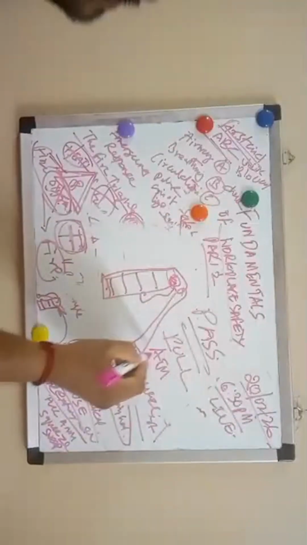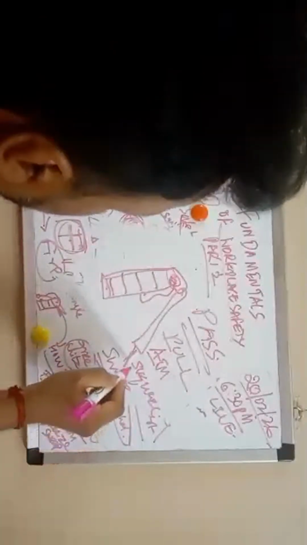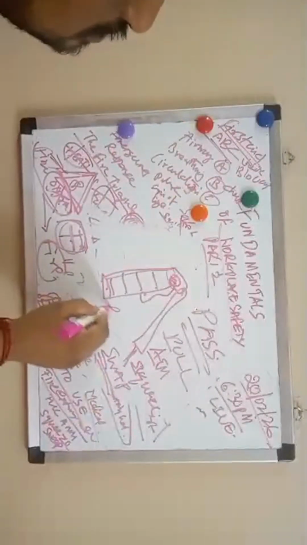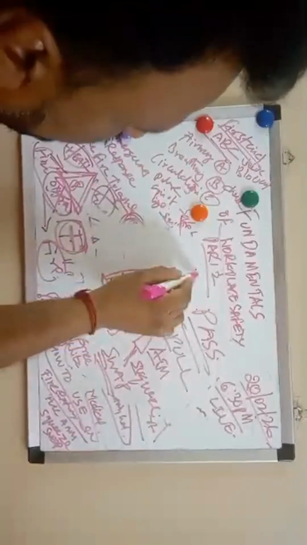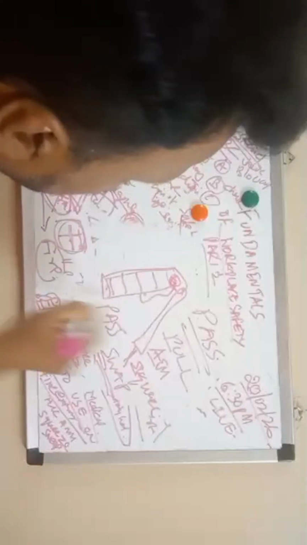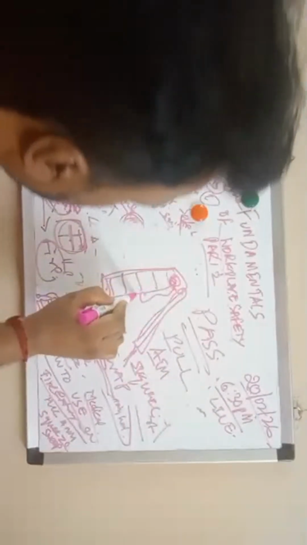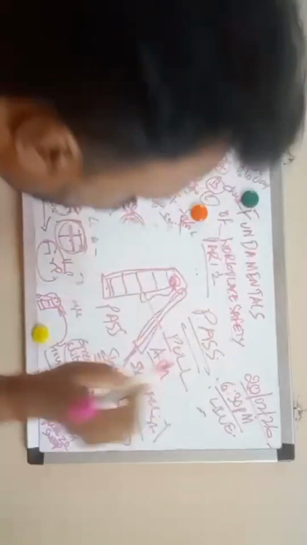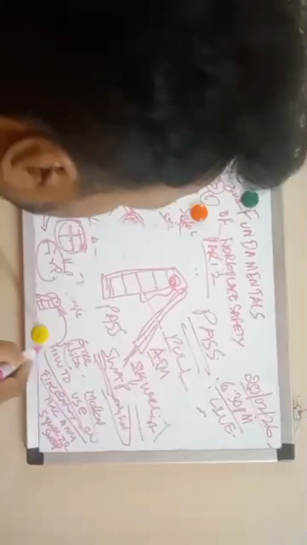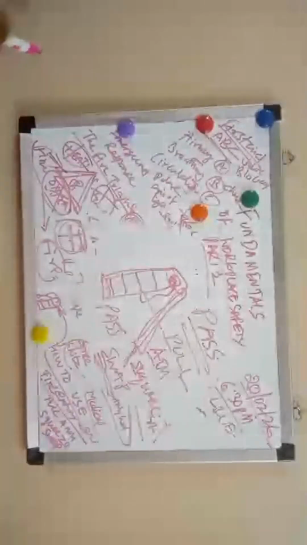So PASS. When you take the fire extinguisher, first pull. This is the hose. You have to pull the hose. Then here is the fire.